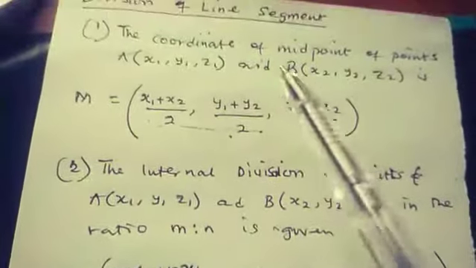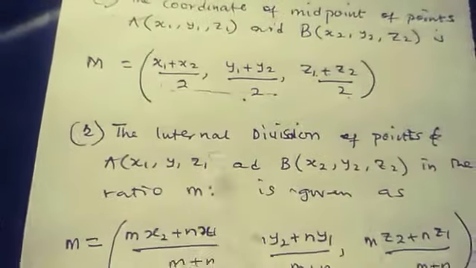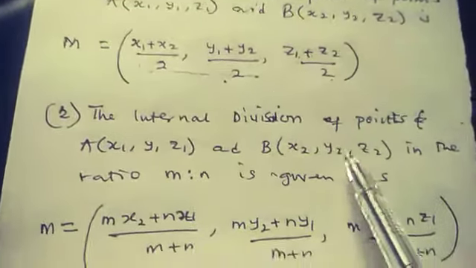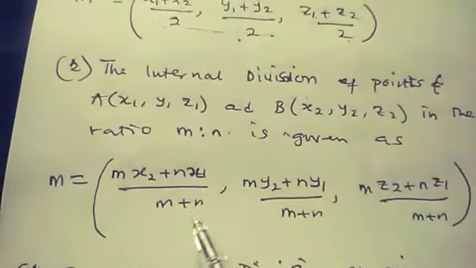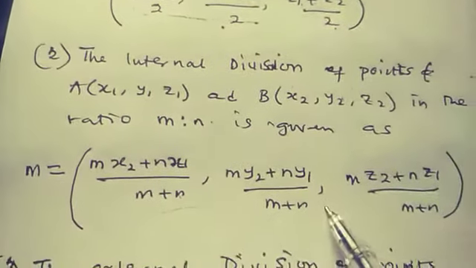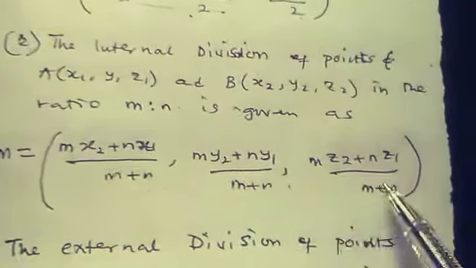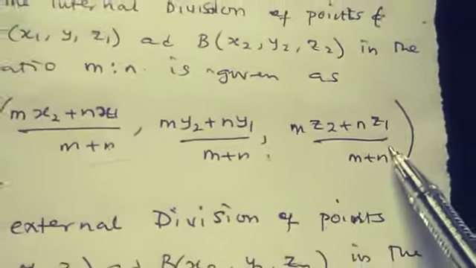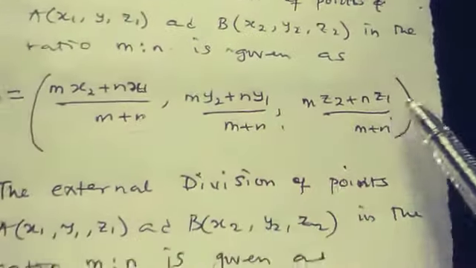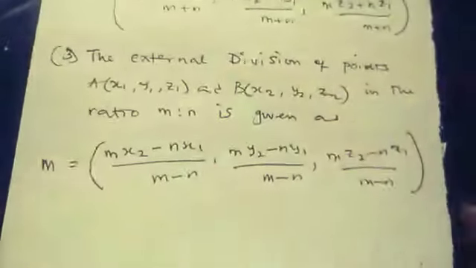For the division of a line segment joining points A and B in the ratio m to n, we know that this is it. We stop here for the two-dimensional coordinate system, so it has been extended; we have added the Z part to it.